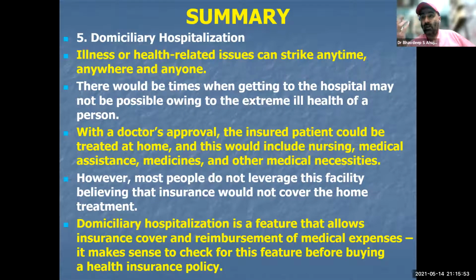There are many people who don't even have moderate symptoms. They have mild to moderate symptoms, or their saturation is not much affected, or they are not much febrile. In those cases, it is advised that they stay at home and follow domiciliary hospitalization. But this has to be recommended by a specialist, and by the companies.